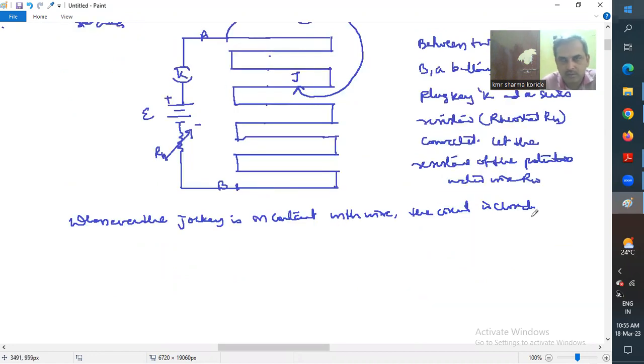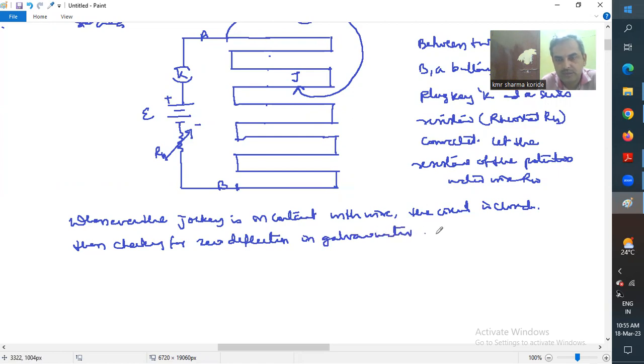Then we check for zero deflection in the galvanometer.